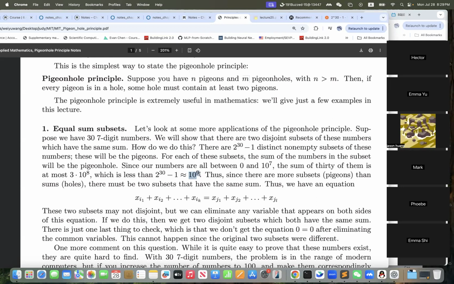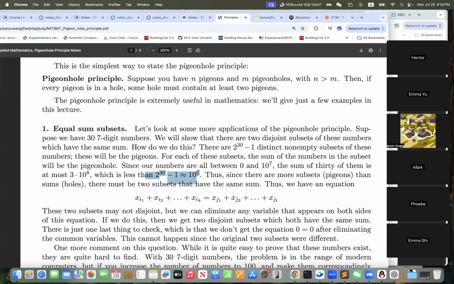So we have this number of sums, but the value of our sums is at most this, because the value of the sum must be between 0 and this. So the number of different values of sums are holes, and our number of subsets are pigeons. So 2 pigeons must be inside one hole. That means there exist at least 2 subsets that have the same sum, right?